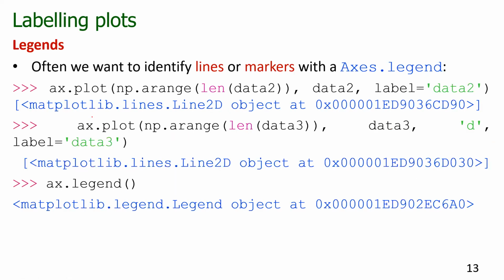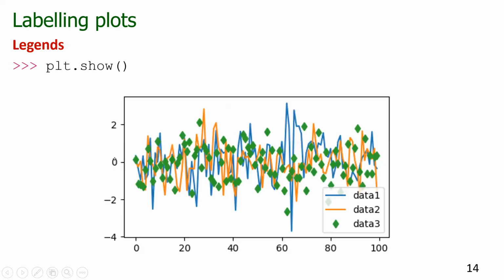Then we define another plot with the same combination with data2. Then another plot with the same computation with data3. Here we are taking this as D, diamond shape. Then we define the legend, ax.legend. Then see the graph, plt.show. Here you can see data1, data2, data3. For data1 and data2 we didn't mention any style.